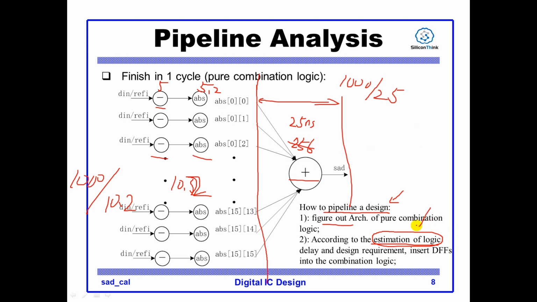We have explained it in chapter 1 of this course, the arithmetic datapath section. If you have no idea of this, you can come to the arithmetic datapath section of chapter 1.